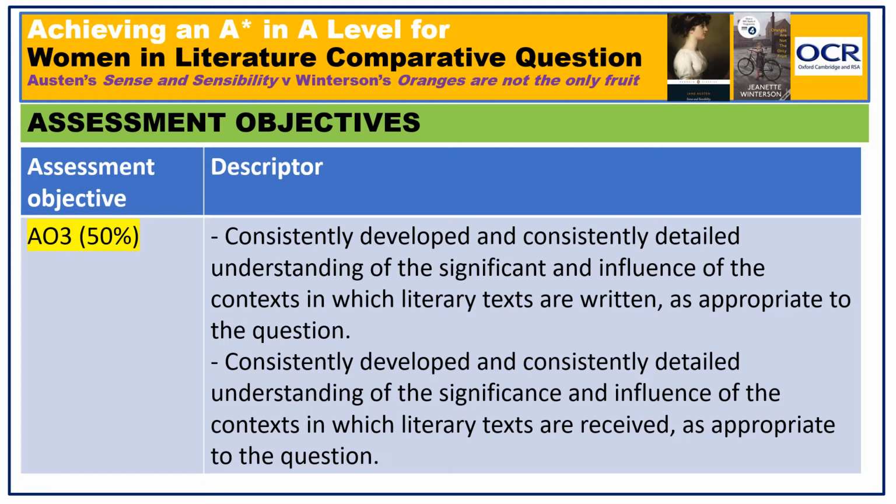In relation to Oranges, might we be more baffled than readers in the 1980s at Jeanette's treatment after her homosexual tendencies have been uncovered due to the increasing campaigning and understanding of LGBTQ+ issues?